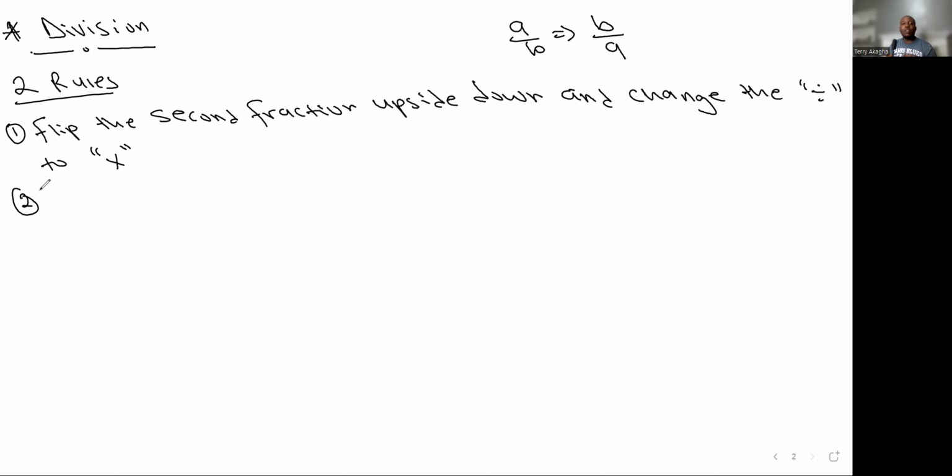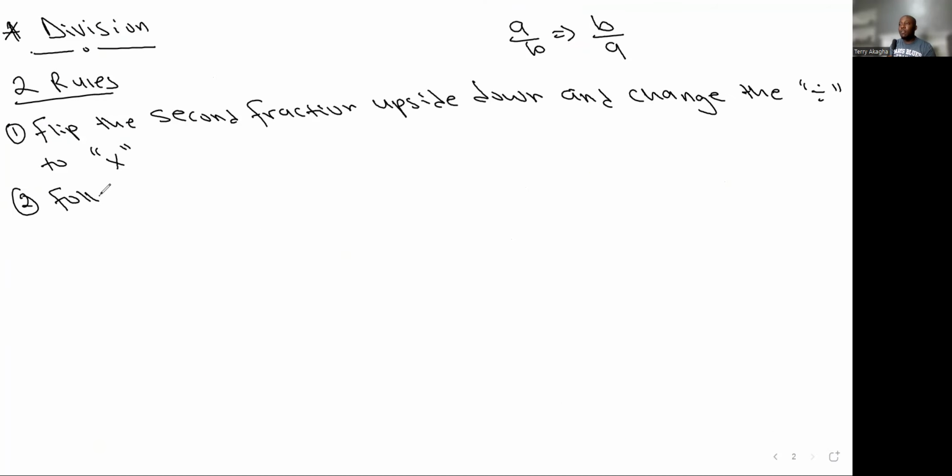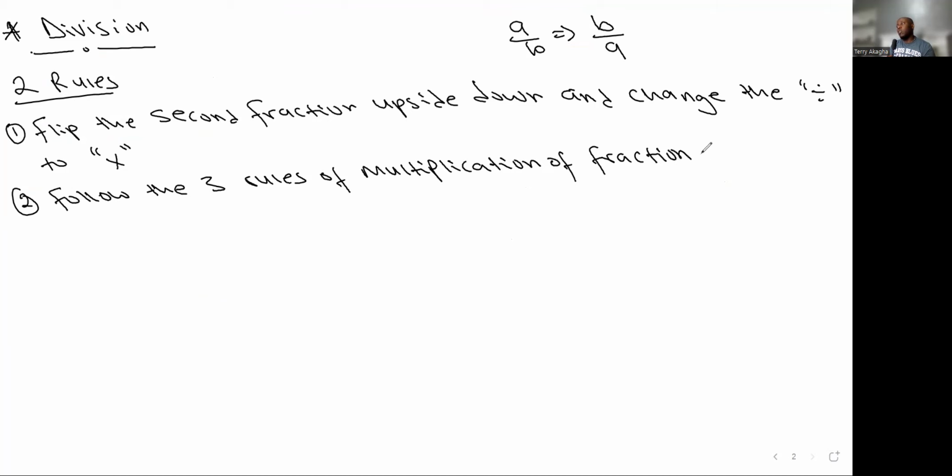Then after you've done that, you follow the 3 rules of multiplication of fractions we talked about. Is that okay? So the first thing you do when dividing two fractions is flip the second one. Then you just follow the 3 rules we talked about in the previous video.